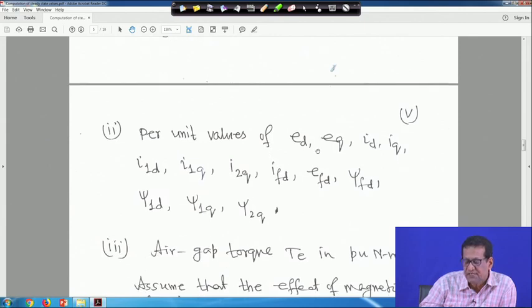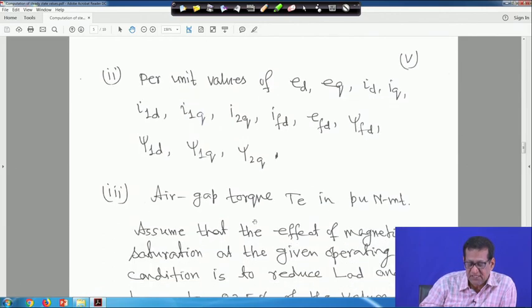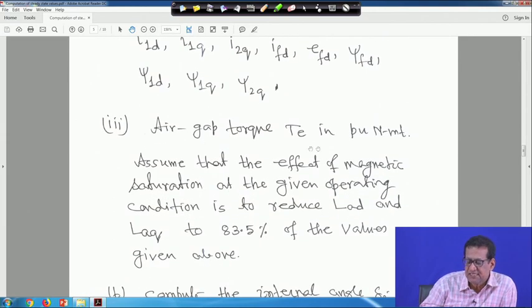Per unit values of ED, EQ, ID, IQ, I1D, I1Q, I2Q, IFD, EFD, psi FD, psi 1D, psi 1Q and psi 2Q. 3. The air gap torque T in per unit and Newton meter, right. Assume that the effect of magnetic saturation at the given operating condition is to reduce LAD and LAQ to 83.5% of the values given above. That we will see when we solve this problem.